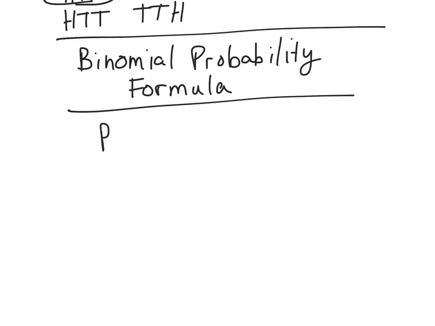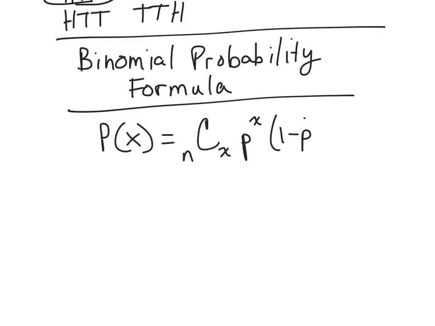It says the probability of X successes is equal to a combination of n things taken X at a time times little p to the X times 1 minus p to the n minus X. That's a lot of letters. I guess we better figure out what all the letters represent.